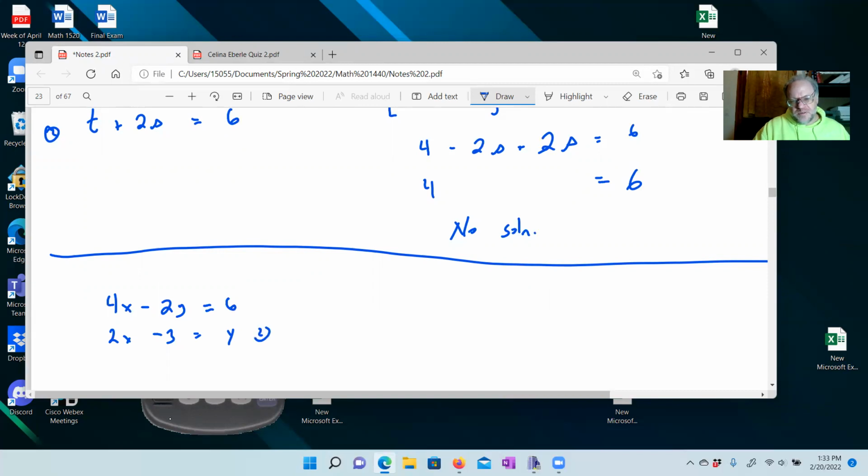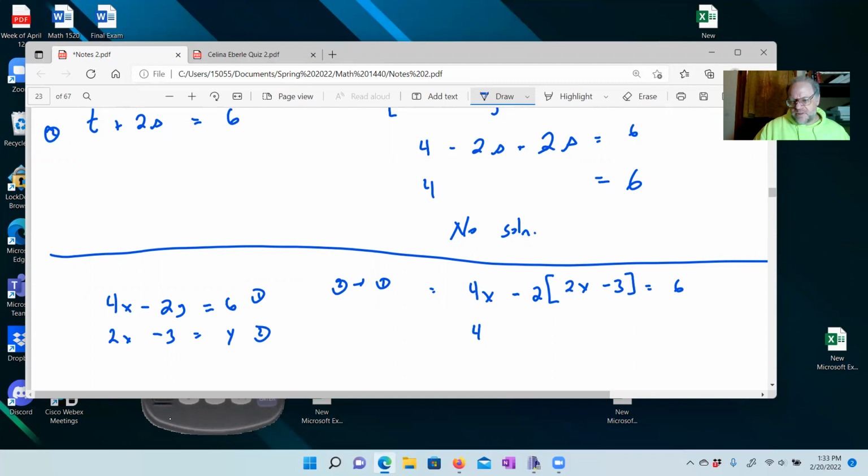So what I'm going to do is take this equation 2 and push it into equation 1. So we're going to get a 4x minus 2y. What the heck is y? y is 2x minus 3, and that is equal to 6. So let's distribute.